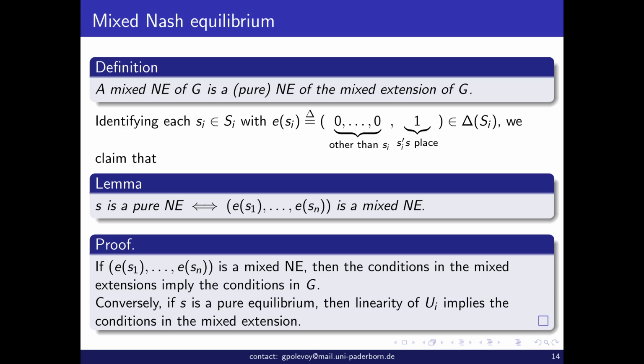A pure strategy is a pure Nash equilibrium of the original game if the same strategy, simply the mixed strategy which plays this pure strategy with probability 1, is a Nash equilibrium of the mixed game, or of the new game, or it's a mixed Nash equilibrium.